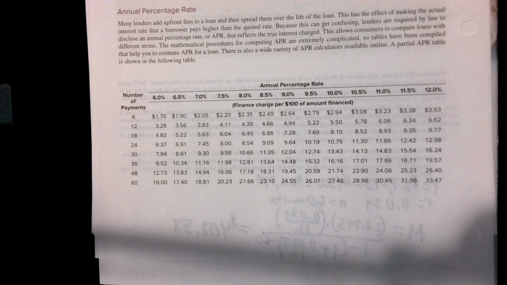The mathematical procedures for computing APR are extremely complicated, so tables have been compiled that help you to estimate APR for a loan. There is also a wide variety of APR calculators available online. A partial APR table is shown in the following table.